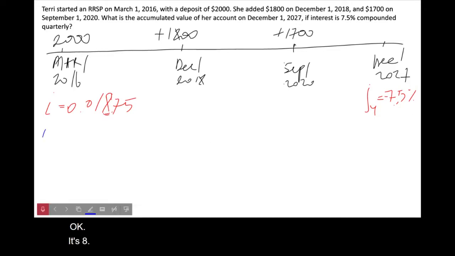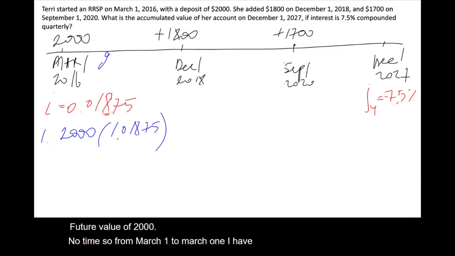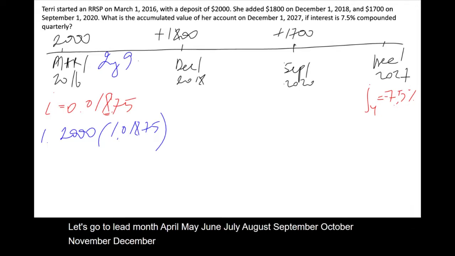So step 1, future value of 2000. Now time. From March 1 to March 1, I have 2 years, right? So 2 years. Now let's calculate months. April, May, June, July, August, September, October, November, December. 9 months.